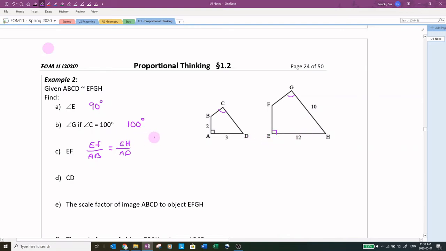Okay, so I'm going to rewrite this with numbers. EF, I don't know, so I'm just going to leave that as EF. AB is 2. EH is 12, and AD is 3. So EF equals 2 times 12 divided by 3, which is 8.